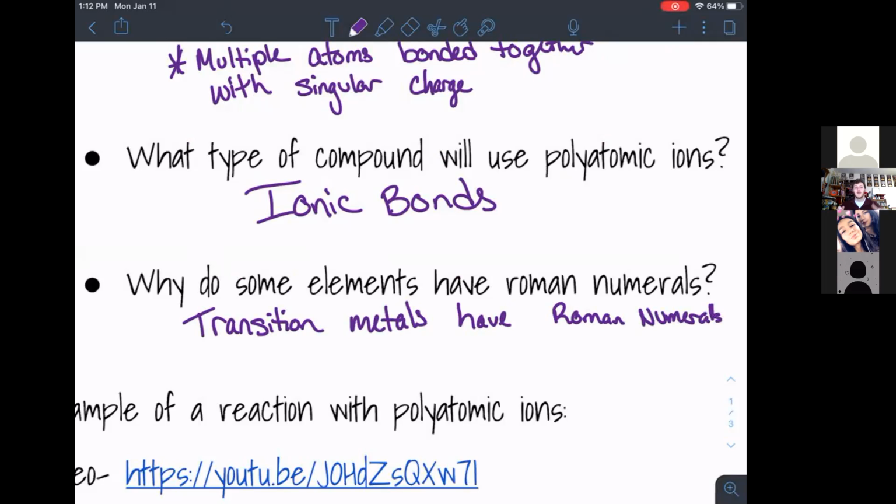And those Roman numerals, what do they tell us?